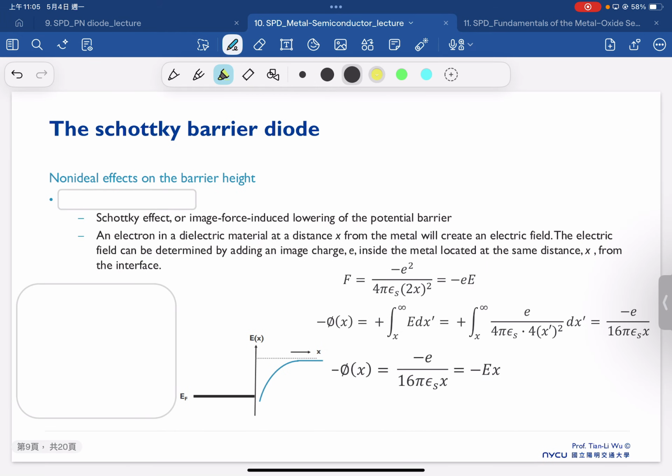So now we'll move on to the Schottky barrier diode, with some non-ideal effects. The first non-ideal effect is based on what we discussed, the barrier height, and the first phenomenon is the Schottky barrier lowering effect.